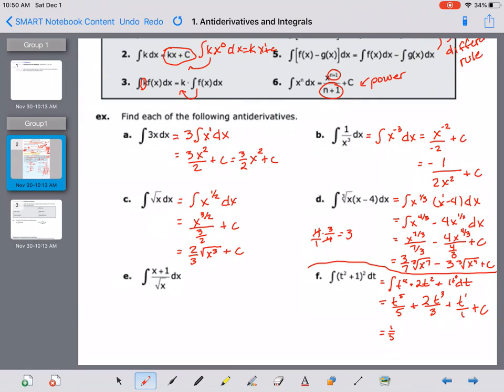So I'm going to rewrite it 1/5 t to the 5th plus 2/3 t to the 3rd plus t plus c. Okay, and remember we can always check if our process is right by taking the derivative. If we take the derivative, we should get back to where we started. Okay, so we can always check.